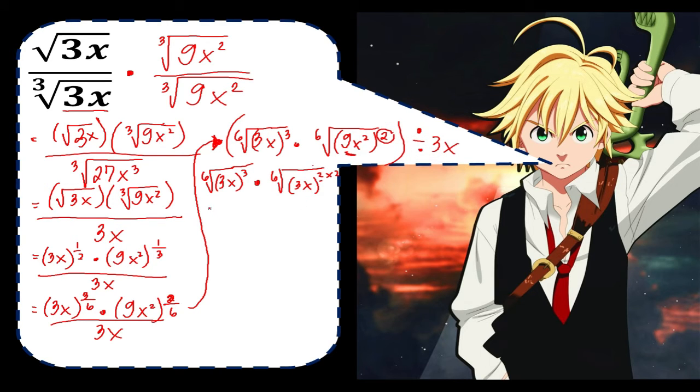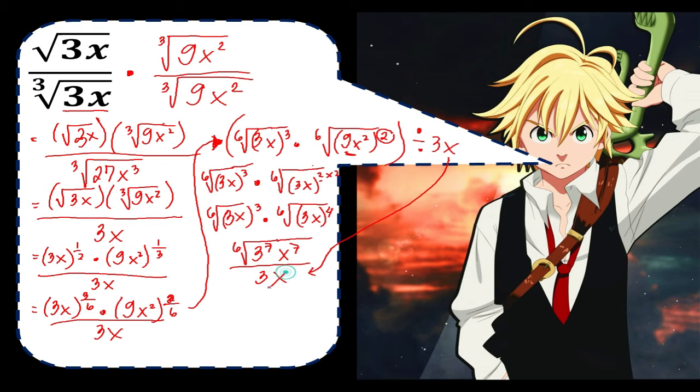Then, we can have the 6th root of 3x raised to 3 times the 6th root of 3x raised to 4. Then, we have the 6th root of 3x raised to 7 over yung dinidivide natin na 3x, that is 3x.